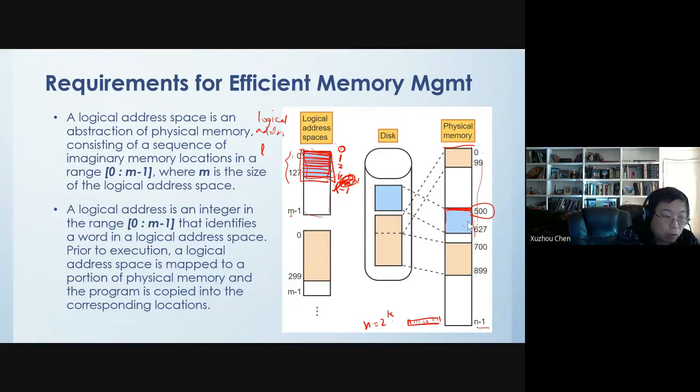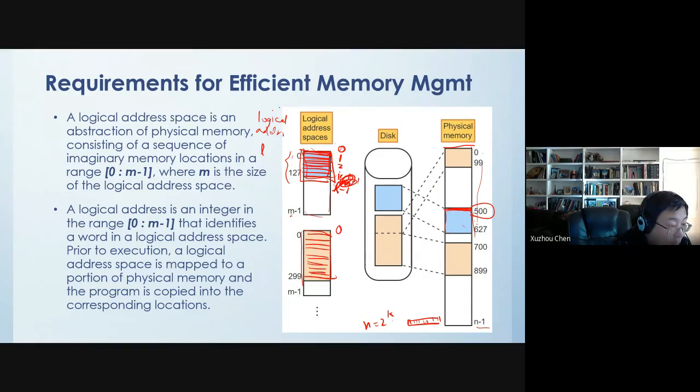Logical address always starts from zero, because when you write your computer program, before you load it into the physical memory, you always organize your program so the first instruction has logical address 0, and the second instruction has logical address 1. And you have another program, which consists of a whole bunch of instructions, and that also has instruction number 0.